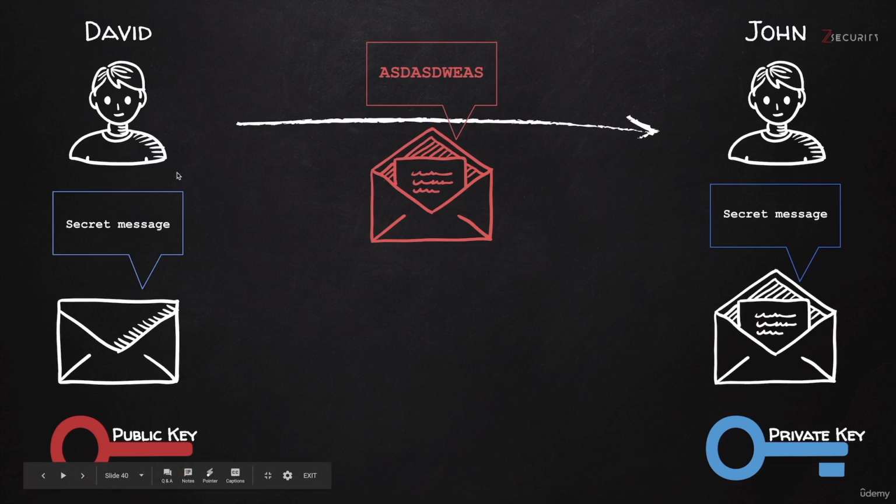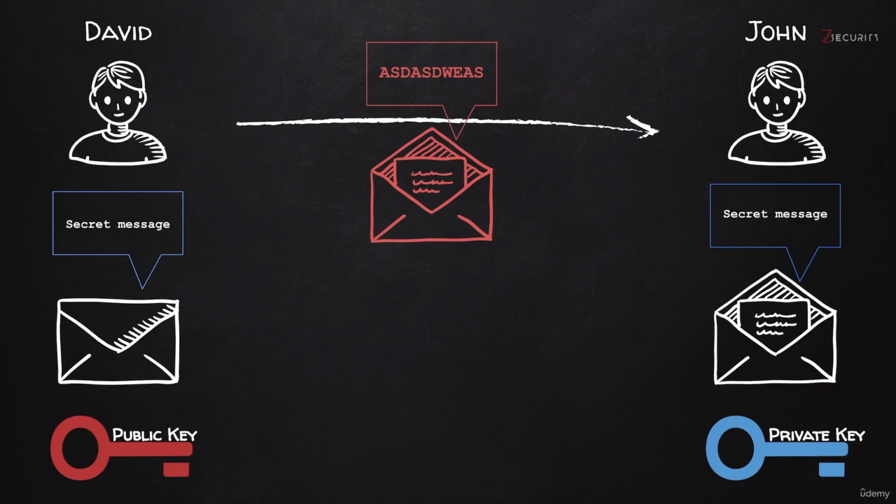So David encrypts the message with the receiver's, John's, public key. The message is sent, and when John receives it, he uses his own private key that he never shares with anybody to decrypt the message. Therefore, David can send the message to John in any way he wants. He can send it as a text message, as an instant message, or even using an insecure service.